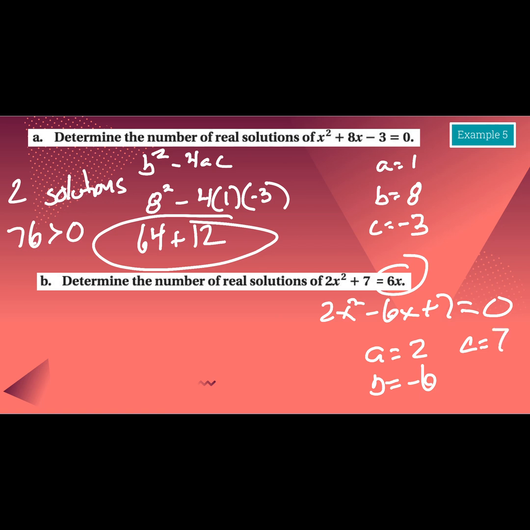So we take our b value and square it: negative 6 squared minus 4 times a, which is 2, times c, which is 7. Negative 6 squared is positive 36. 4 times 2 is 8. 8 times 7 is 56. So we have negative 20 as our discriminant. What does that mean for the number of solutions?